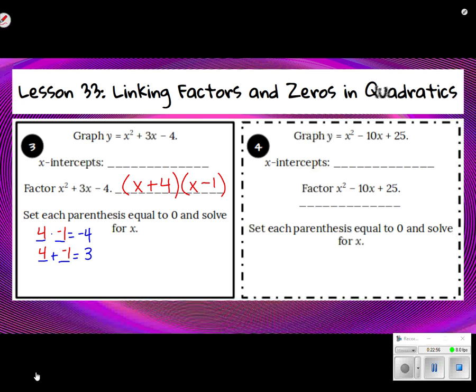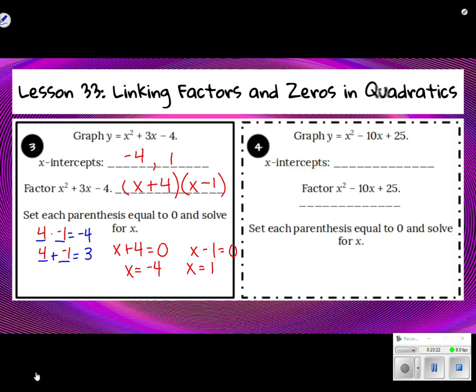Now if you want to be setting these equal to 0, go ahead. But we should be able to catch on that we aren't necessarily needing that. We can look at doing a bit of a shortcut.